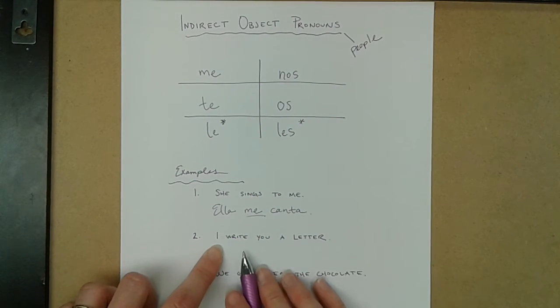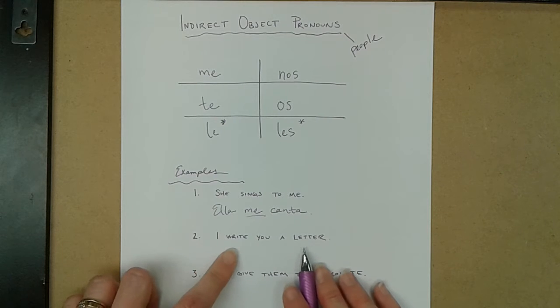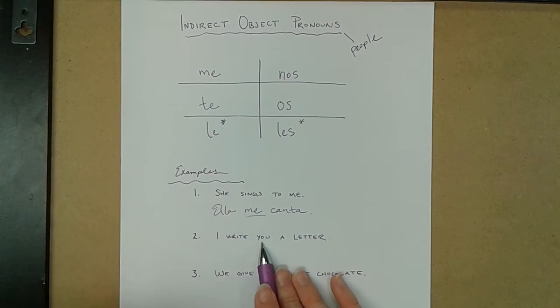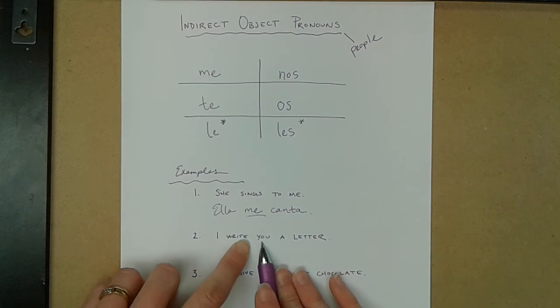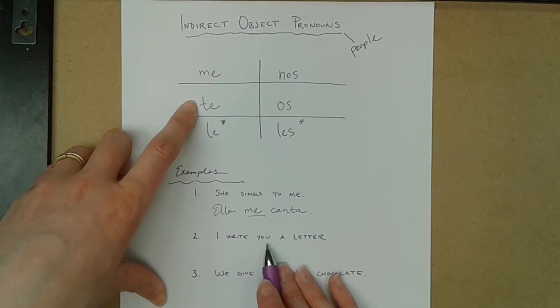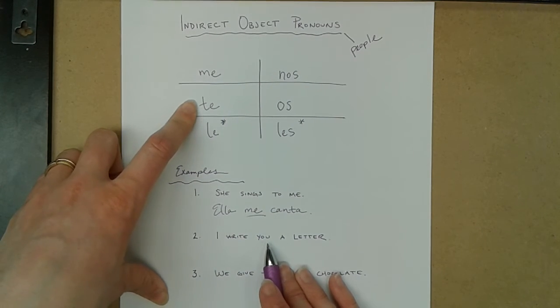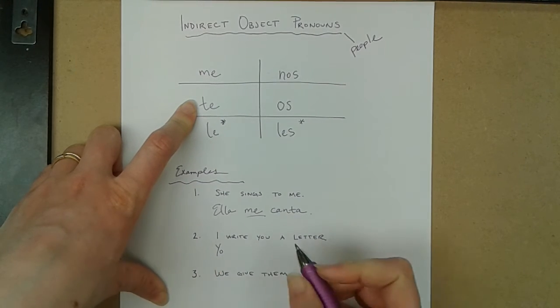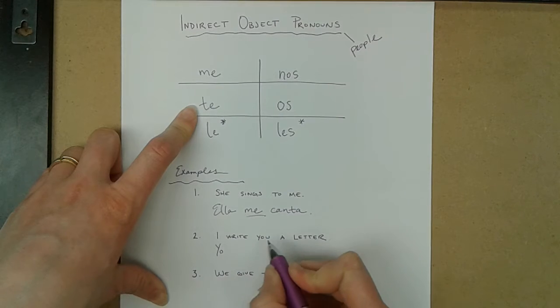All right, next one. I write you a letter. So you is the recipient of the action, which is write. So I am writing the letter to you. So te is the indirect object pronoun that we'll use here. All right, so I write, I'll say yo te, because it's to you.